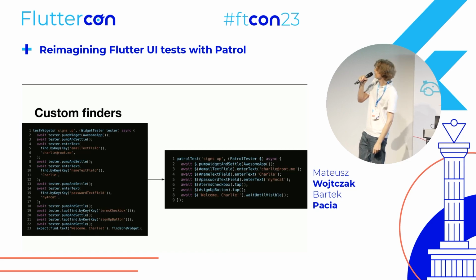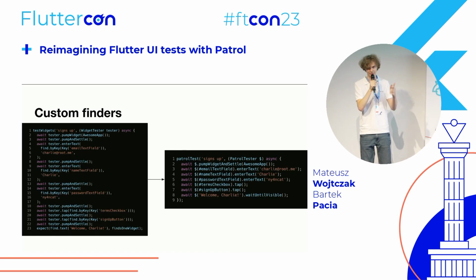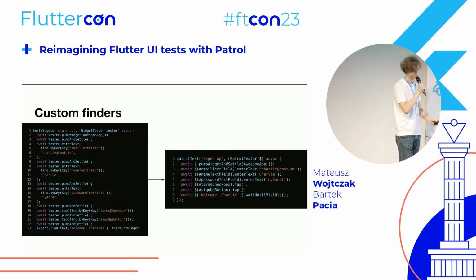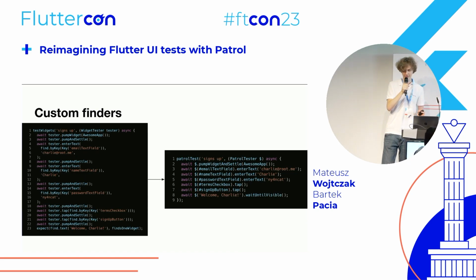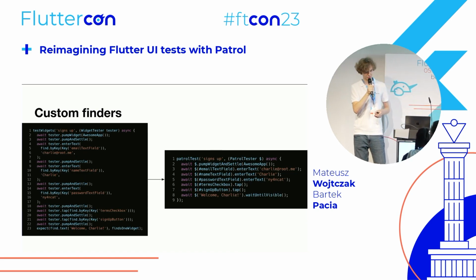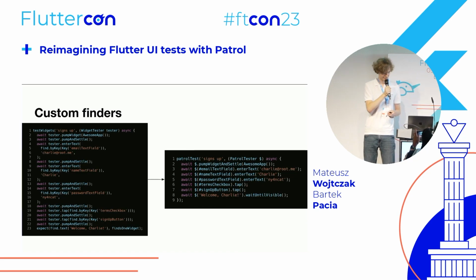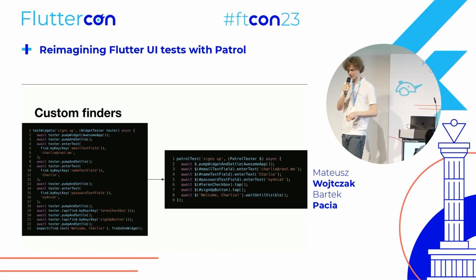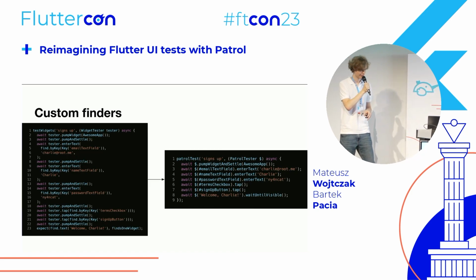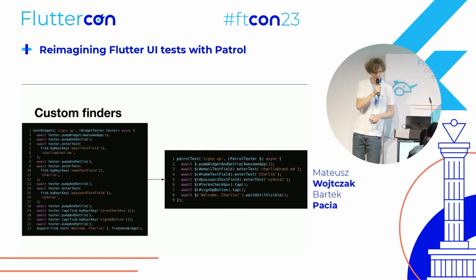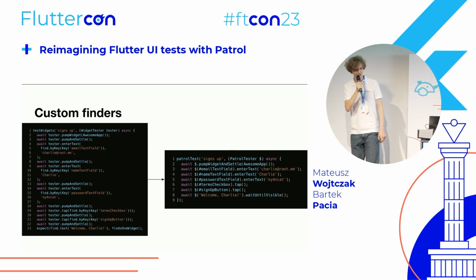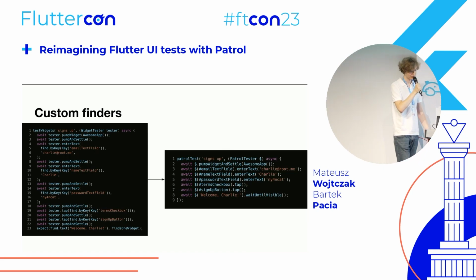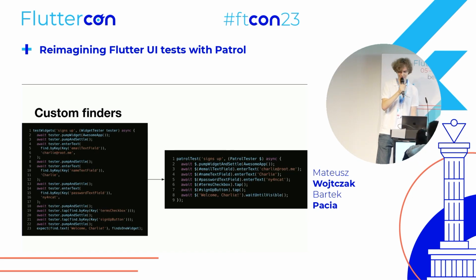It's a simple sign up test that again enters some text in forms and stuff like that, nothing fancy. Very simple stuff, basically. But it took 23 lines, or even 24, in a Flutter test to write that test, and with Patrol, it's, I think, 9 lines. So huge size reduction, and we hope that it's much easier to read, write, and understand.